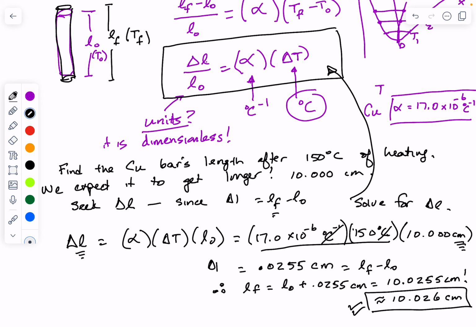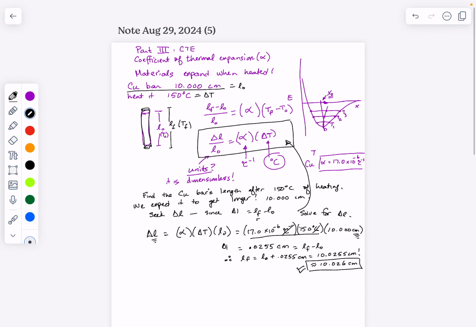And so big picture is that A, materials expand when they're heated. B, the reason is because of the asymmetry of the energy versus distance bonding curve. C, we can use the fact that there's linear behavior, that the change in length is linearly related to the change in temperature.